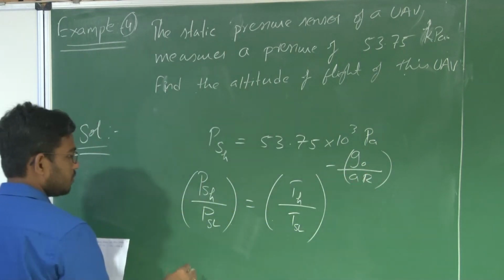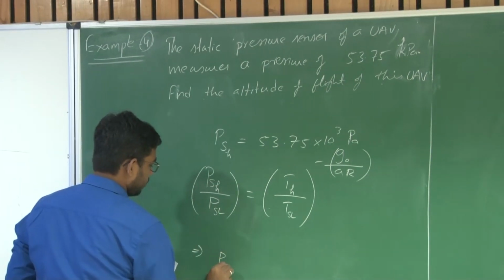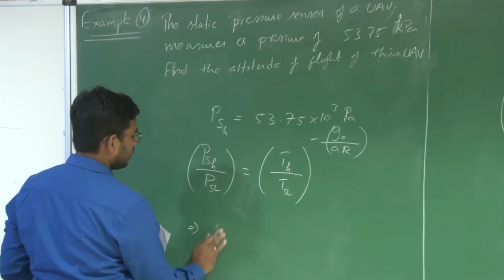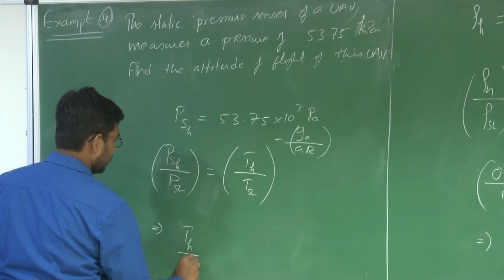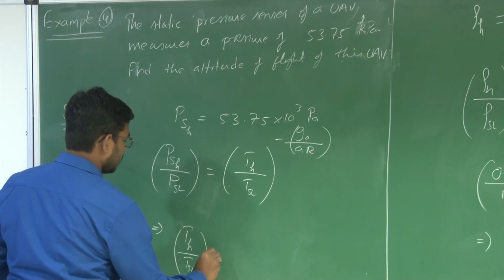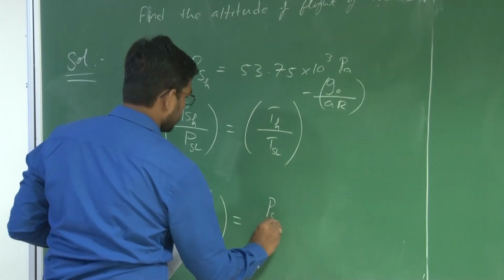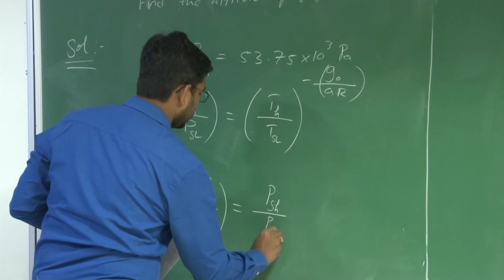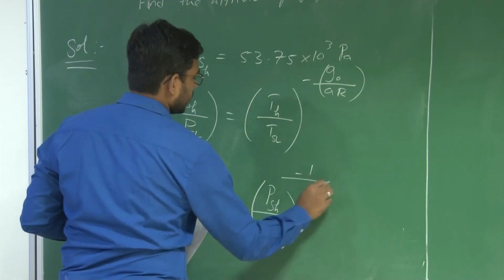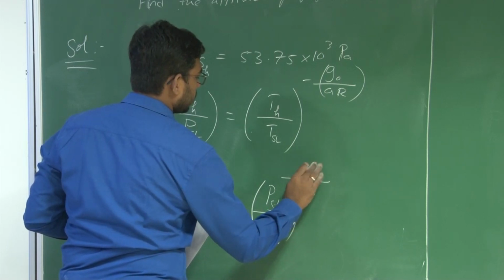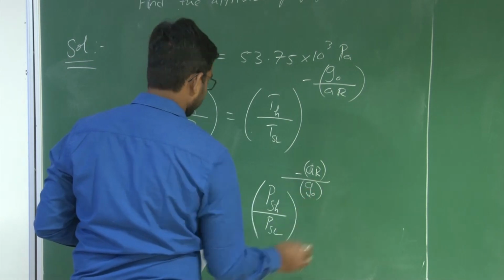Right. So this implies T_h by T at sea level is equal to P at altitude over static pressure at sea level raised to the power of minus a R by g naught.